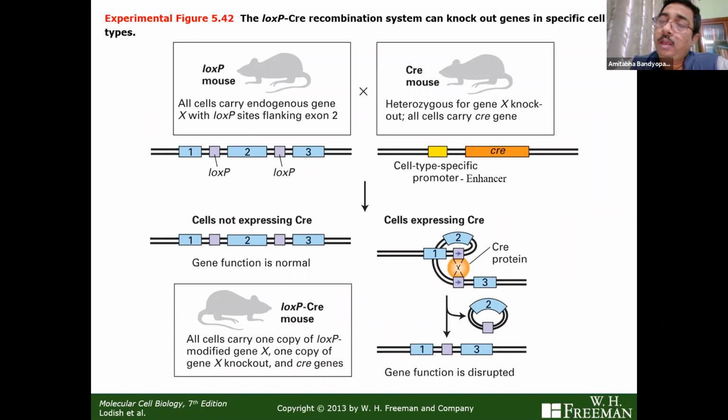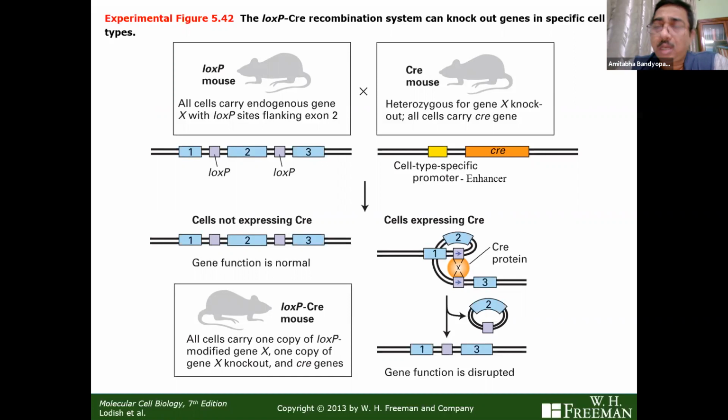It's a site-specific recombinase from bacteriophage P1. It's a bacteriophage, that's all that you need to remember. Now, this is a site-specific recombinase, right? That means that it recognizes a particular sequence, and through homologous recombination of that sequence, it recombines out the intervening sequence between the two homologous sequences, and that's how it works.